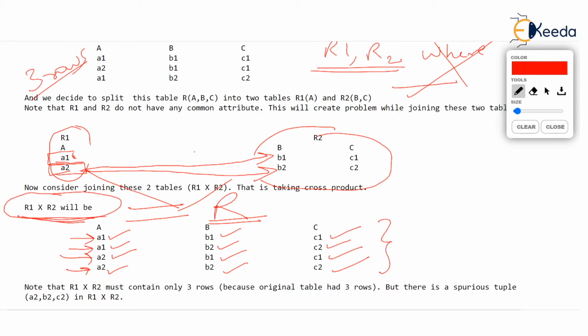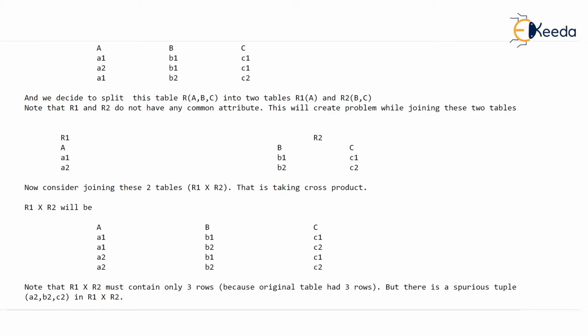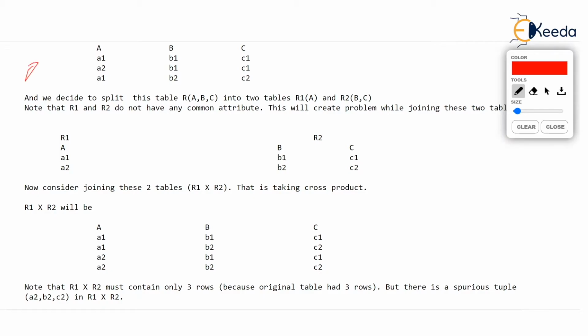Let's refer the two tables again, up and down here. This is our original table, correct? And this is R1 cross R2. Let's refer. A1, B1, C1 is there in the original table. A1, B1, C1 is there in R1 cross R2. Okay. A2, B1, C1. Observe this, second row of the original table.